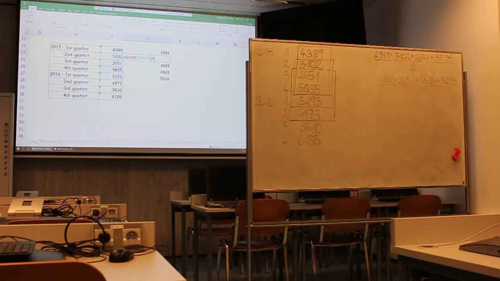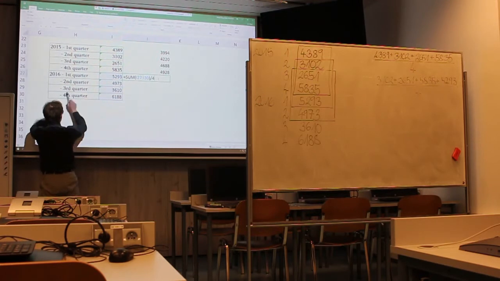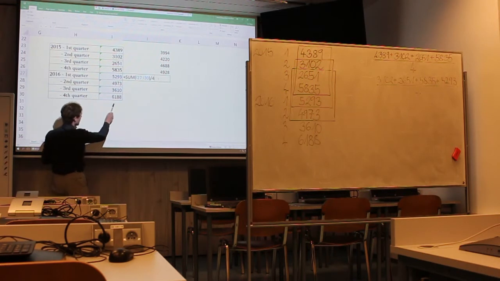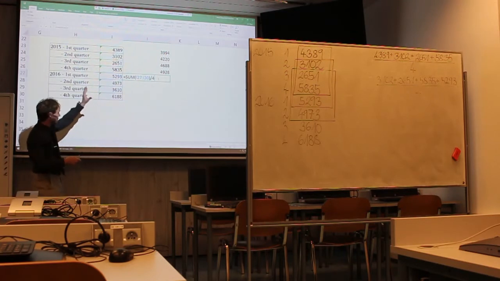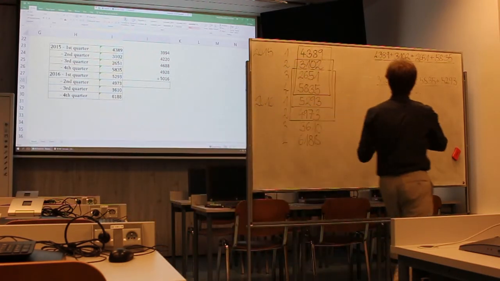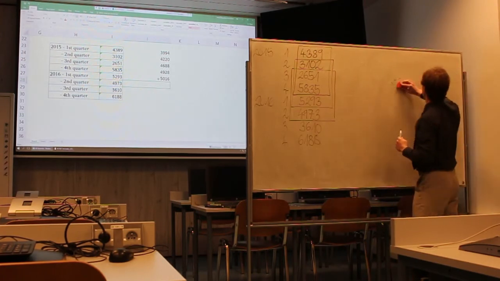And we can continue. The last value is here. Why? Because there is the summation of first quarter, second quarter, third quarter, fourth quarter of year 2016, divided by 4, and I don't have other observations. So there is the end. 5 partial values. I will write these partial values on the whiteboard.